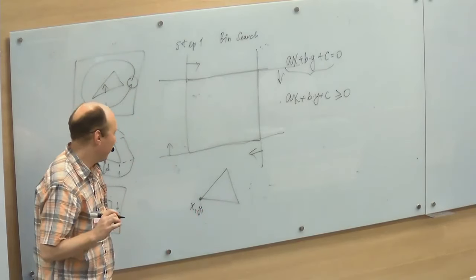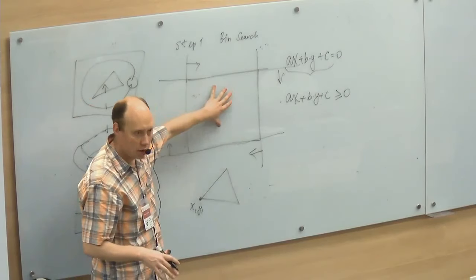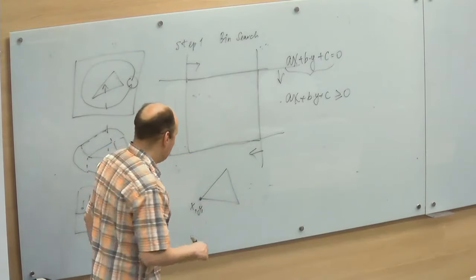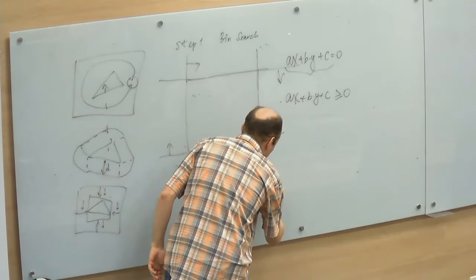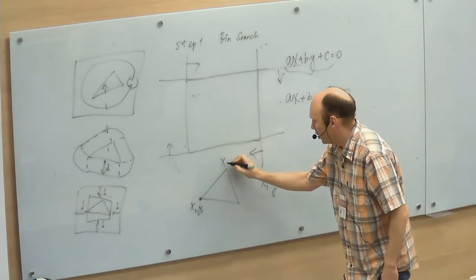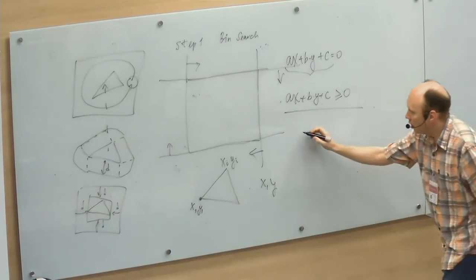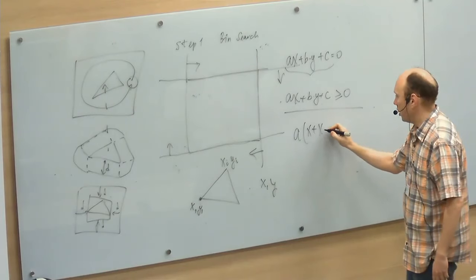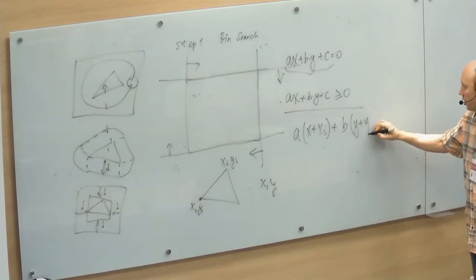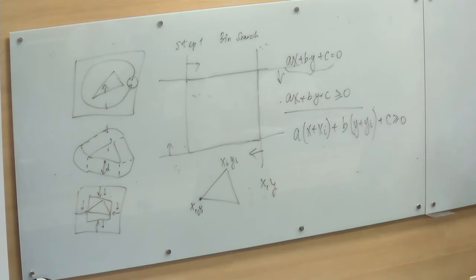We want to shift them all by the same value, so that all these points satisfy these equations. So say we shift it by x, y. For each vertex of this smaller polygon xi, yi, we put it here and get a times x plus xi plus b times y plus yi plus c is greater or equal than 0.